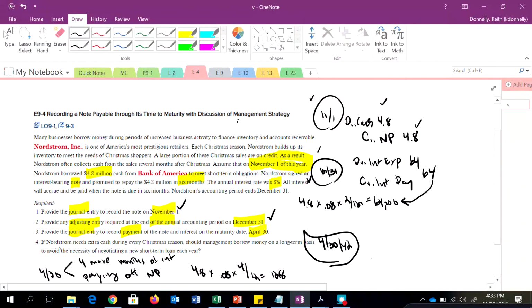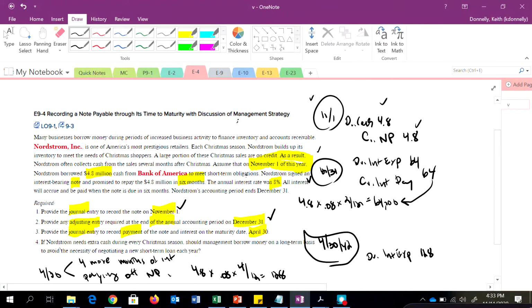So what we do here is we'll debit interest expense for 128. But because we're paying all of this off, right? We're not really, I mean, we are accruing it, but we're paying it at the same time. Let's look at the other thing we need to do.